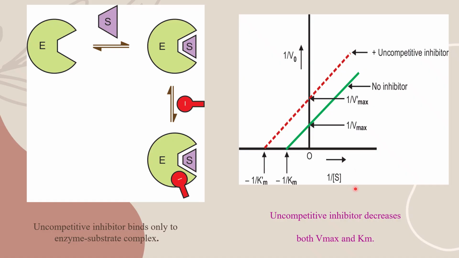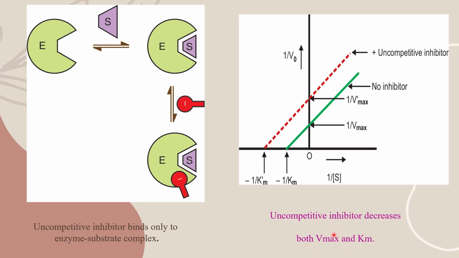Uncompetitive inhibitors decrease both Vmax and Km. So this is the Km, it is decreased from here to here, and the Vmax is also decreased, right? On the graph it is rising, because Vmax is the reciprocal value.